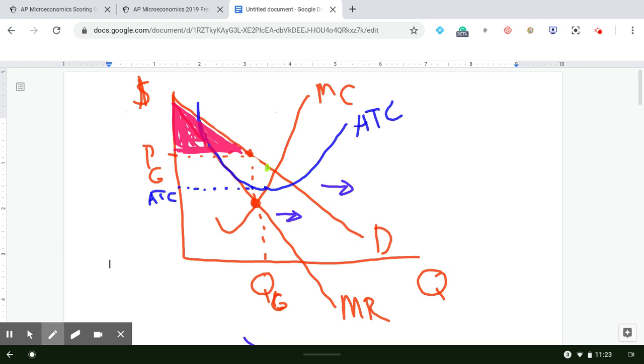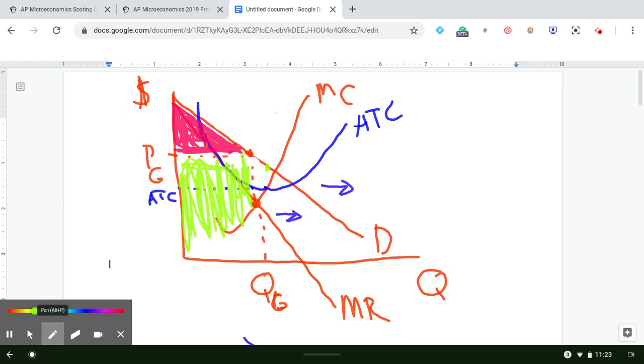So right now, this would be producer surplus before all this, and let's say the price decreases right here. Okay. Look, there's more consumer surplus right there, but our producer surplus looks like it goes down a little bit. Okay. All right. So we can explain that intuitively.